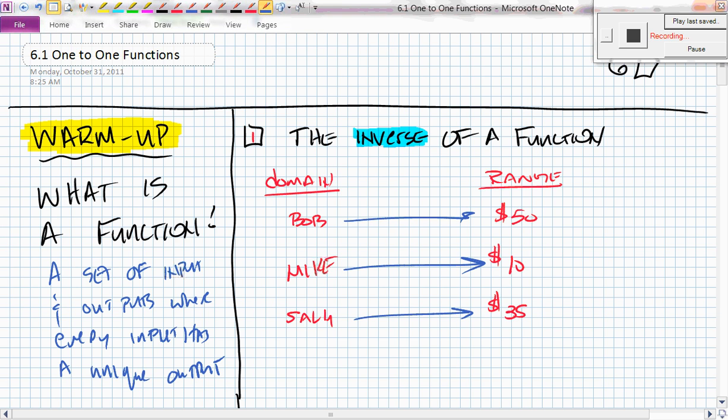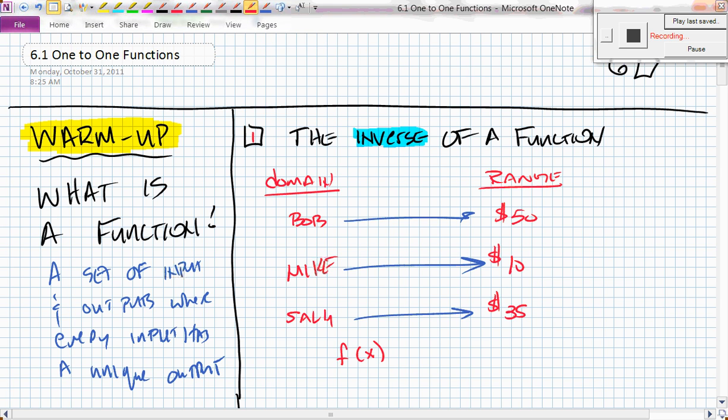So this is a function that relates my friends to how much money they have in their wallets. I'm going to be friends with Bob. Bob's going to buy my lunch. Mike, Ephraim's going to buy my lunch. Okay, so this represents my function f of x.